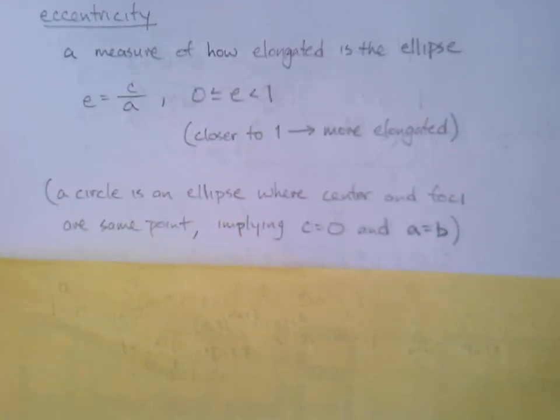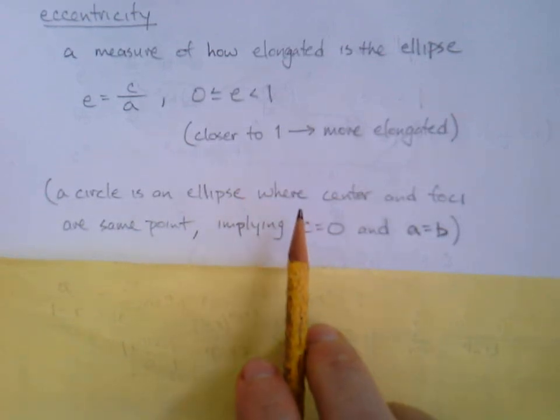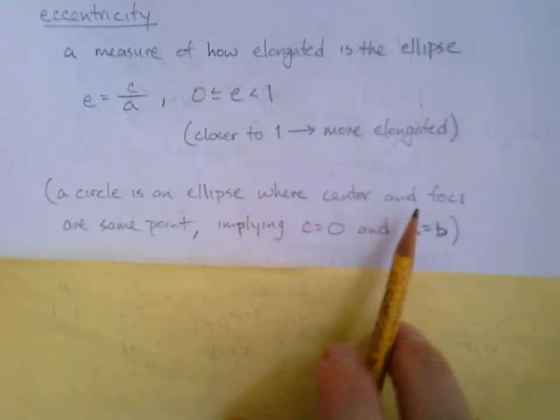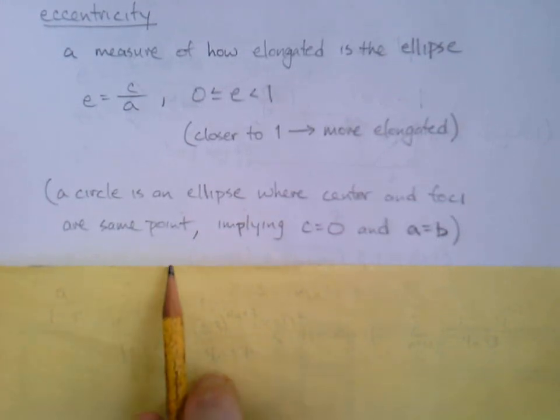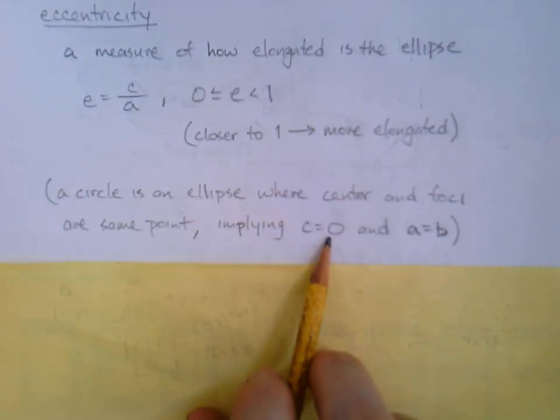A circle is an ellipse, but it's when the center and the foci all merge. So if you push your two foci together toward the center, at the moment when the two foci merge right at the center, then you've got a circle, right? So that would imply that C equals 0.